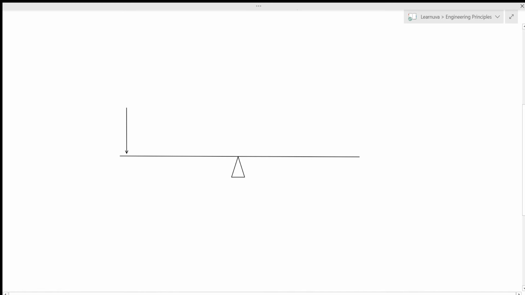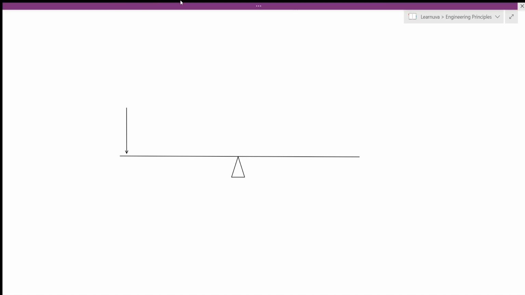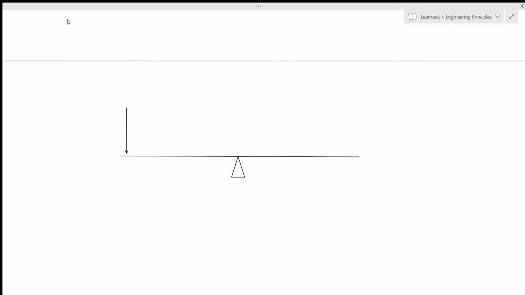Imagine a seesaw with a force being applied on one end. I'm just going to write in force. When that force is applied, the whole seesaw doesn't just push down. That's not what happens. What happens is it rotates.